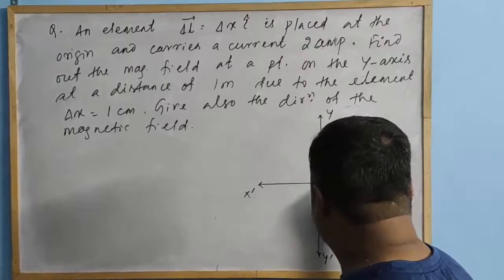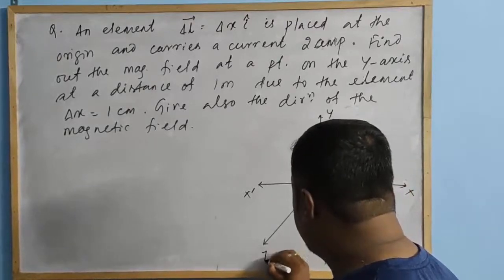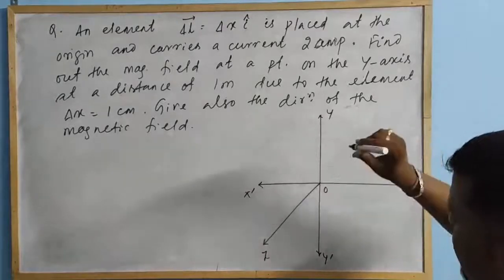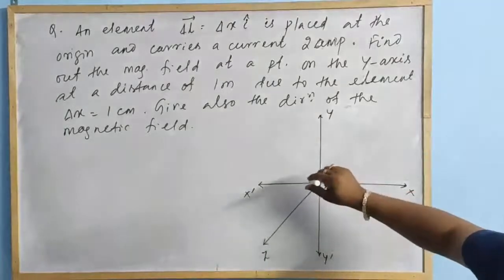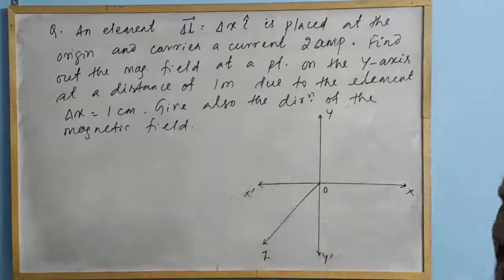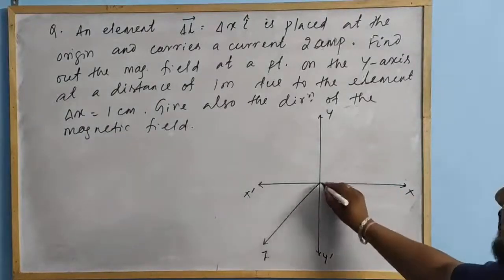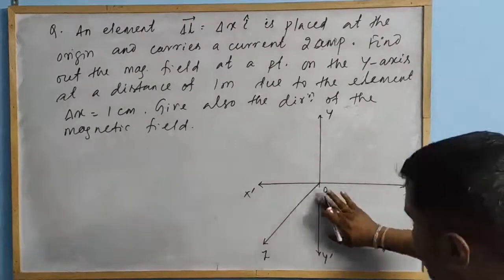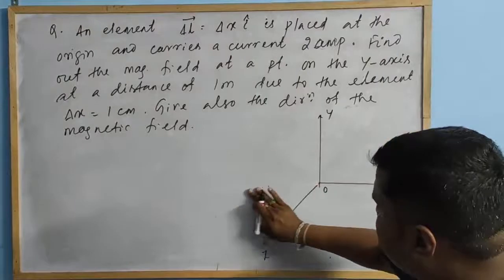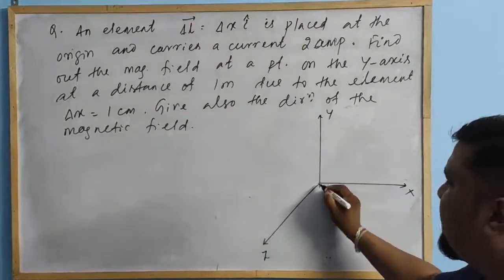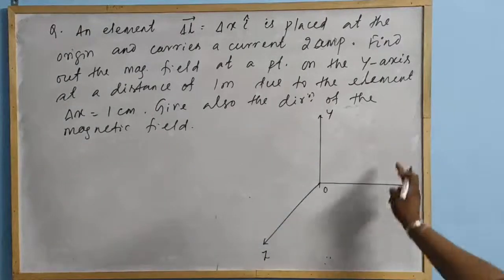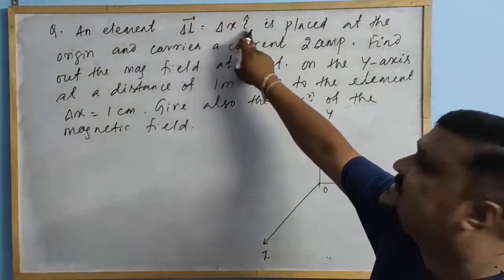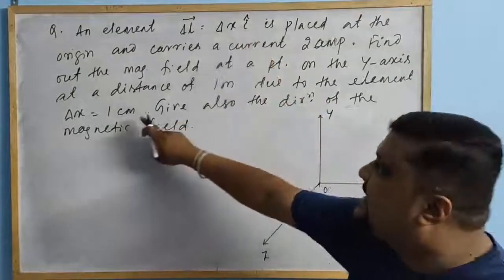Let this be the origin, and this is the z axis and z dash, the z axis being perpendicular to the plane, z dash being downward. So let this be the coordinate system, and the element is delta x i cap, where delta x is equal to 1 cm.